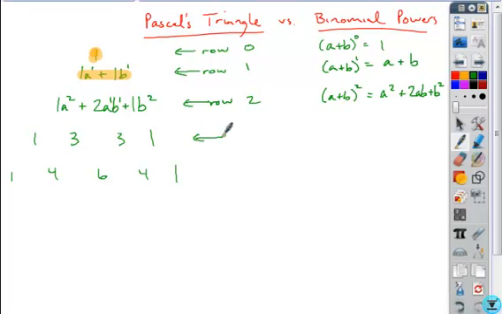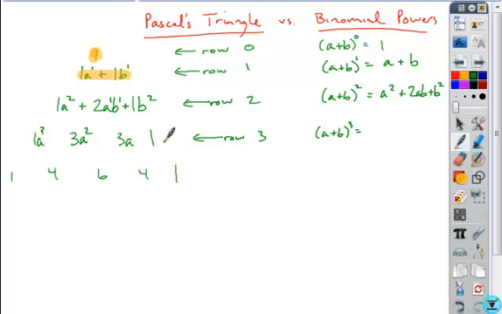So what do you think row 3 will yield? If you take a binomial cube, you can see our expansion pattern for the coefficients is 1, 3, 3, 1. We take a to what power to start with? We're in row 3, so it's cubed, and then squared, and then to the first, and then to the 0.